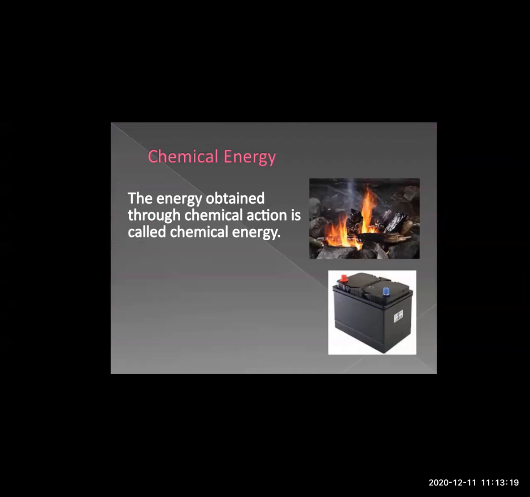Now the next type of energy is chemical energy. The energy which is obtained through chemical action is called chemical energy. Here, chemical action takes place between two different things, and the energy which is generated is known as chemical energy. Now here I would like to give you the example of burning wood.